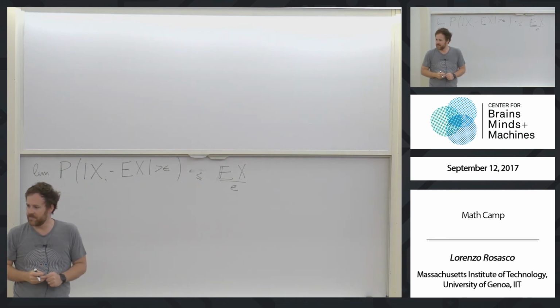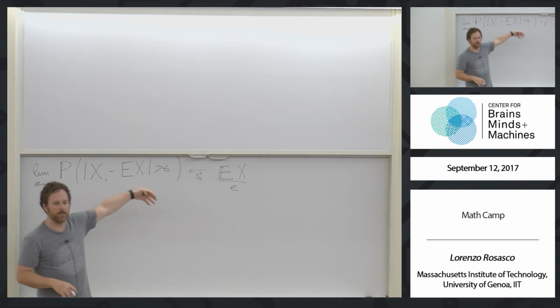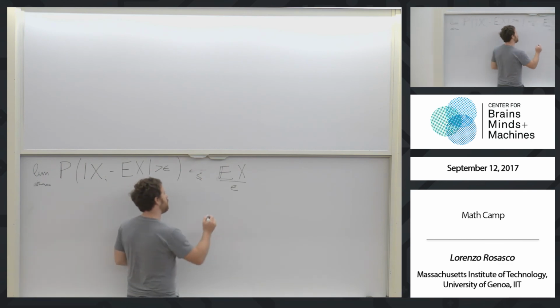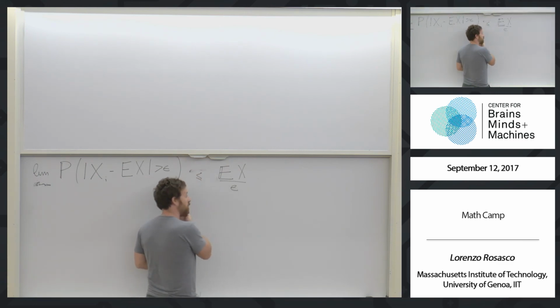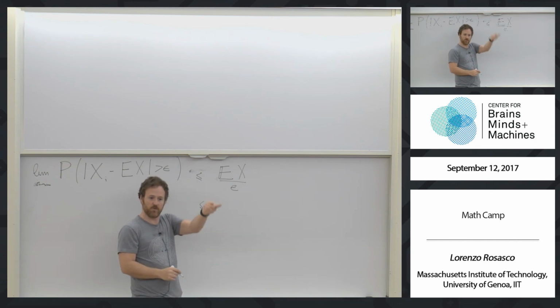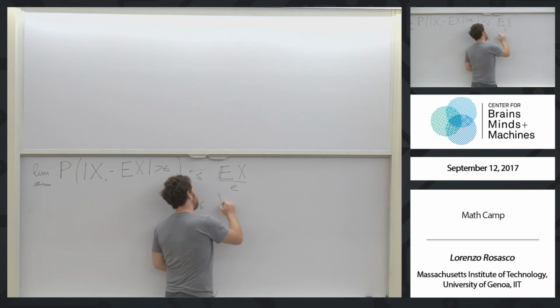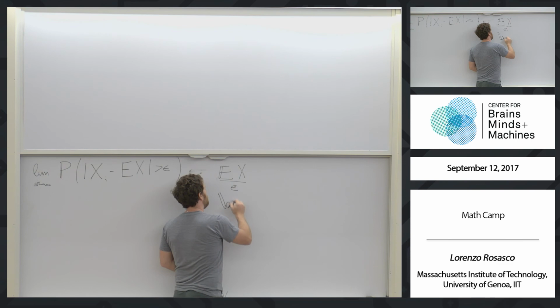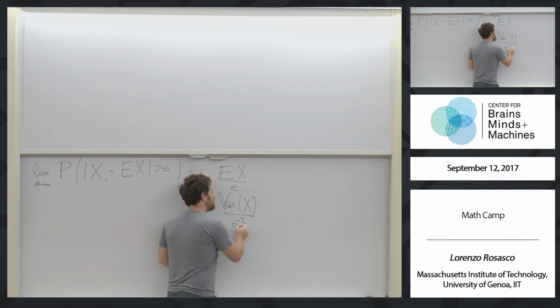And then you can make this fancier and try to get sharper inequalities. For example, if you have more assumptions, say you not only know that they have the first moment, but also higher order moments, you can consider the variance, in which case you put epsilon square here.